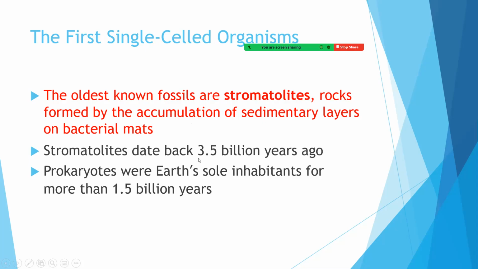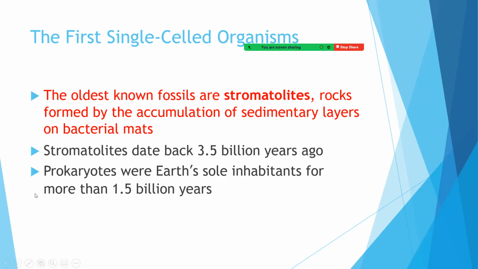So again, if we think of the time scale, of when the Earth was formed 4.6 billion years ago, it took about 1 billion years before the very first things that were alive became prevalent, or at least the very first examples of things that we can see. It took 1 billion years for that to happen.